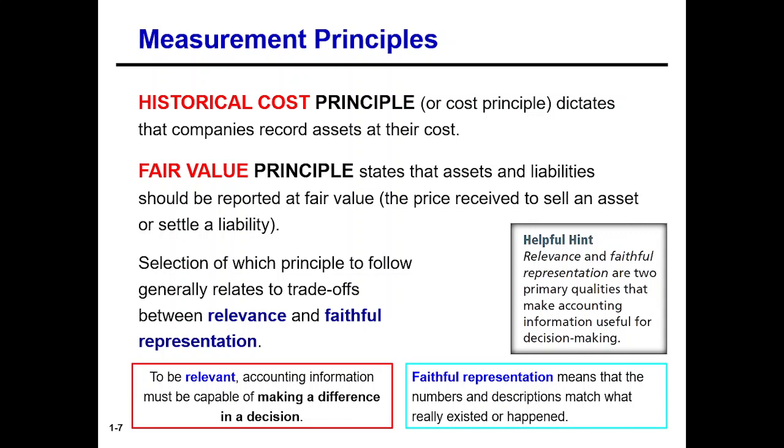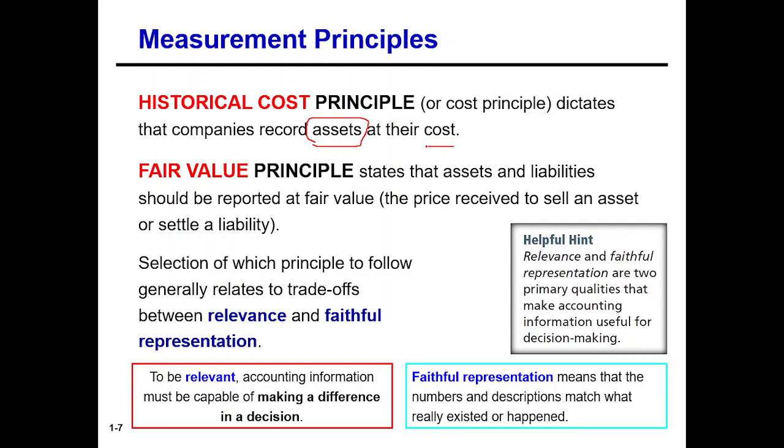How to measure and how to report the transactions in financial accounting? We have some principles. The historical cost principle dictates that companies record assets at their cost. So if our business purchased an asset, how to report it? We will report it at cost, the acquisition cost that we paid to acquire the asset.